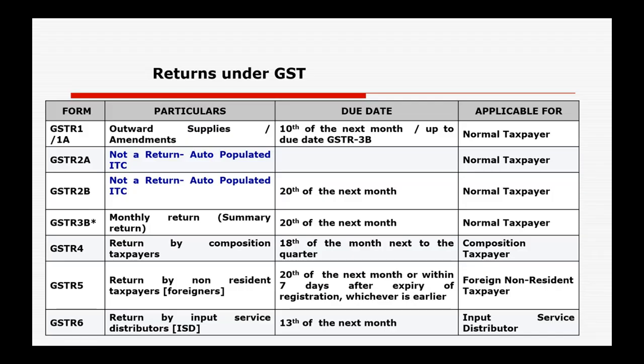That means additional amount you can collect, you can show by way of issue of the debit note along with the tax. In case of excess, you can also issue the credit note. I have shown the contents of the credit note and debit note, very briefly. You can go through it also. And that will also be incorporated in the GST 1.